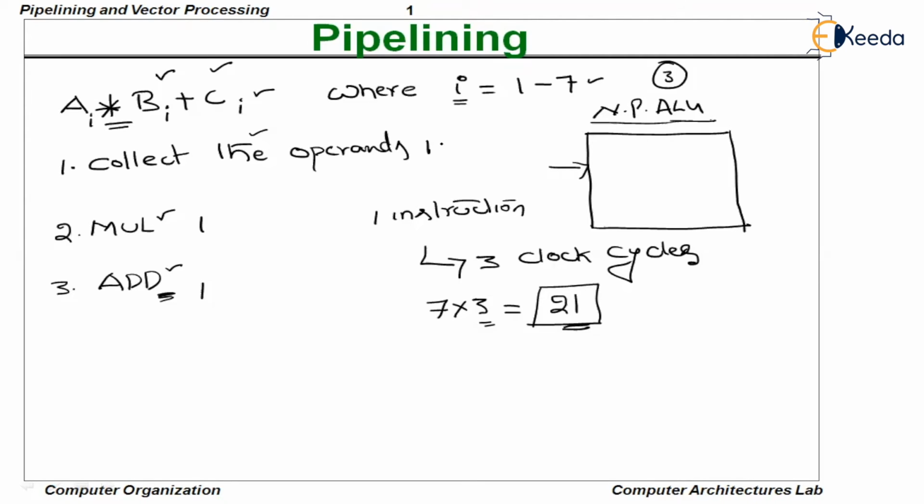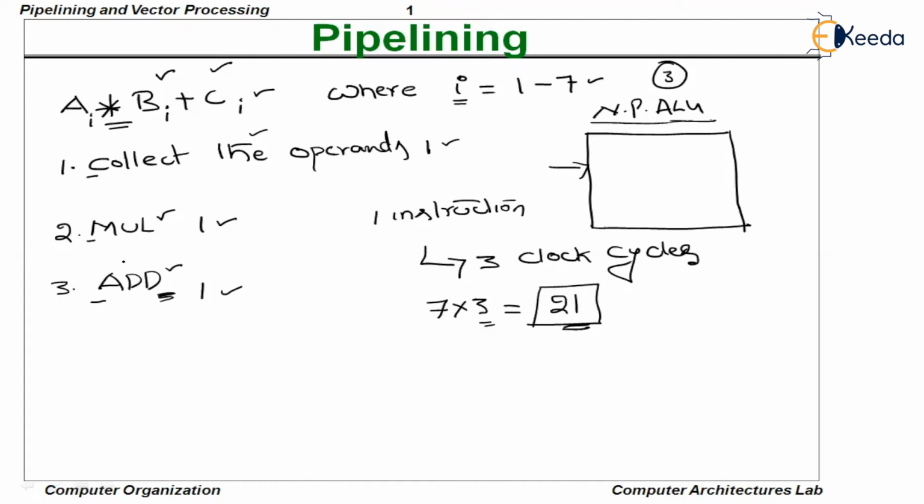We are considering that each of the operations will take 1 clock cycle, only for understanding purposes. But in reality, each of the operations will take a different number of clock cycles. To start with pipelining and make things really simple, we are considering that each operation will take only 1 clock cycle.